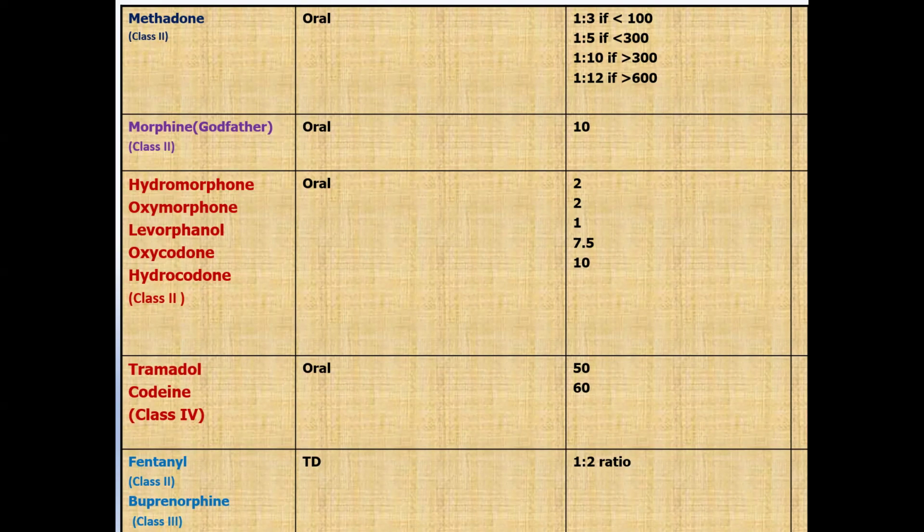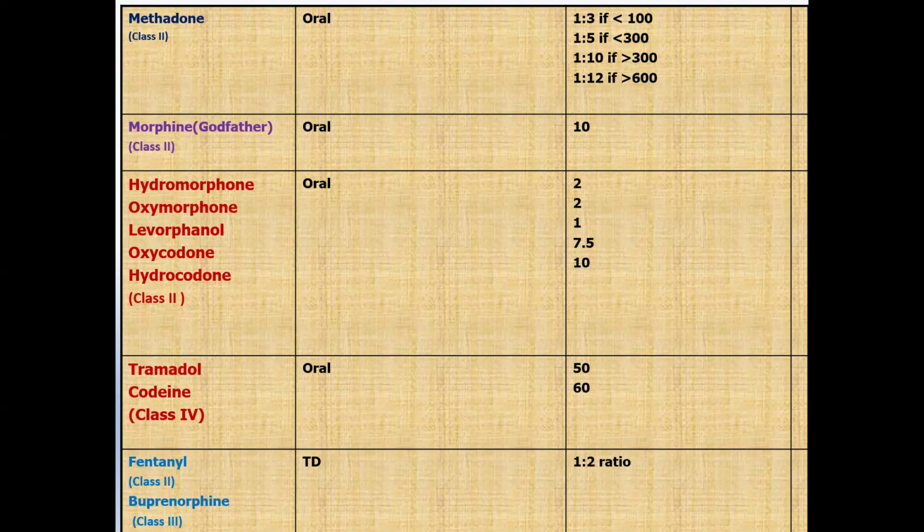Actually, the WHO always monitored palliative care services by the amount of morphine or morphine equivalents used at end of life. So morphine is the godfather. Whenever you switch from one opioid to another, you have to change to oral morphine first, and then from oral morphine to the other drug.